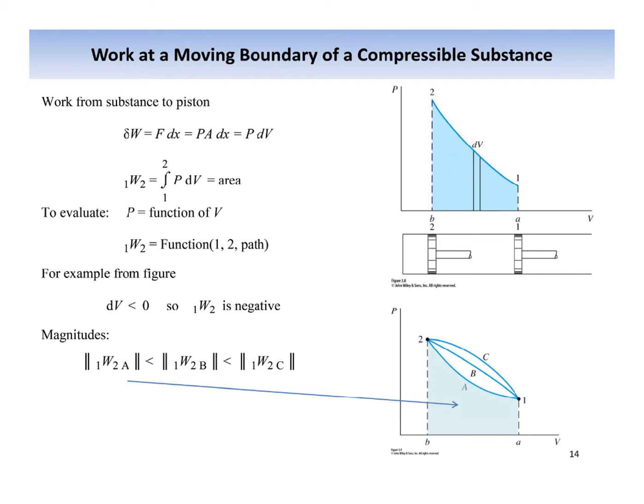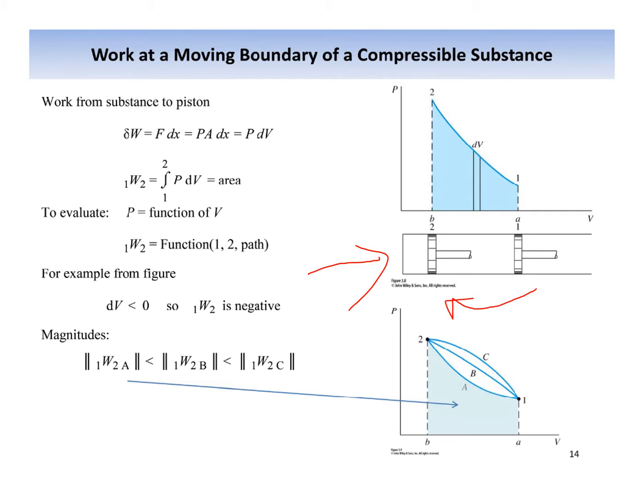Now we consider a piston cylinder assembly as shown in this slide, that compresses or expands between position 1 and position 2. When it expands, it goes from position 2 to position 1, and it is compressed from position 1 to position 2.